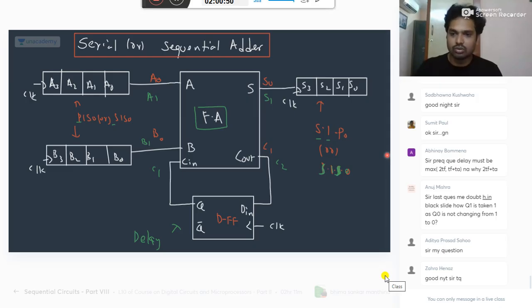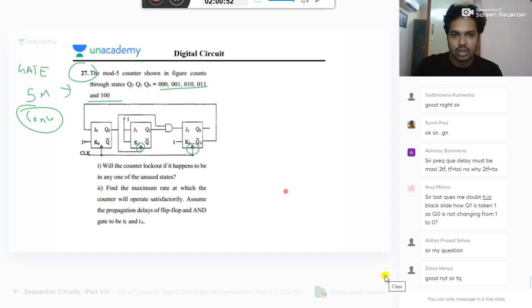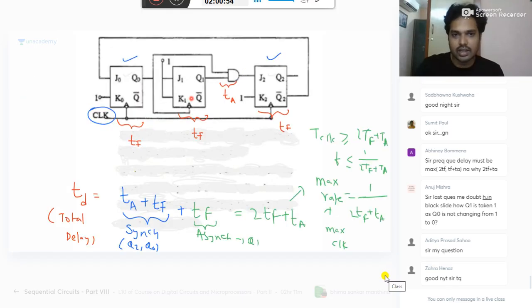No, listen here. First, your input is here, for example. One AND gate requires TA time. Then you applied the clock. Then it requires a TF time. So together it is TA plus TF. After getting this, it will work and it requires another TF to get the final. All are serial, one by one events.